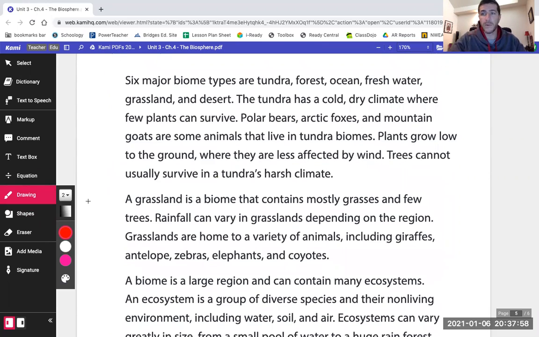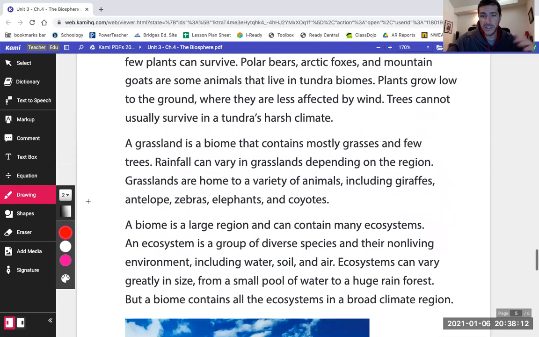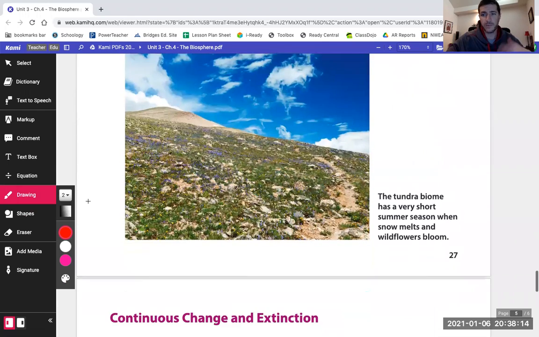Okay, well, we know that there are 6 major biomes. There is the tundra, the forest, the ocean, the freshwater, grassland, and the desert. Okay, so nothing too crazy on that one. We're going to kind of skip down now, okay, because we've covered this part right here, but by all means, go check a little bit of that out.